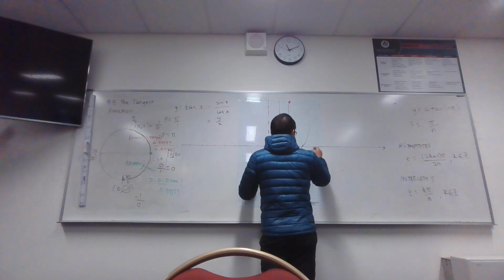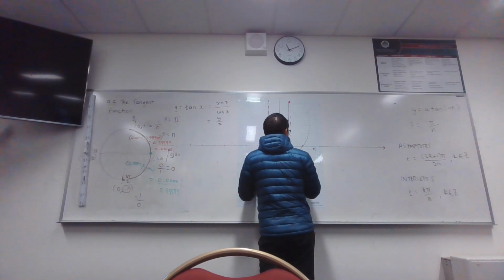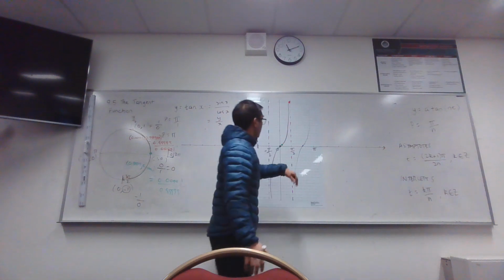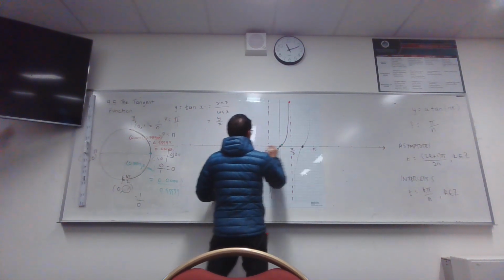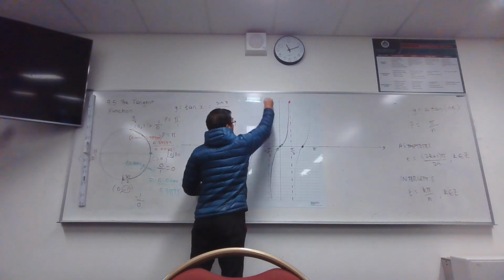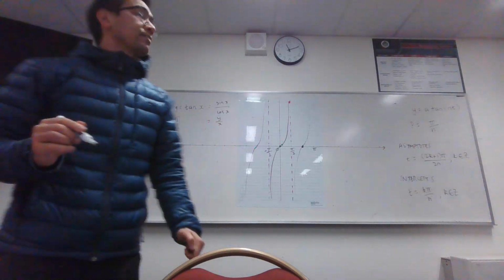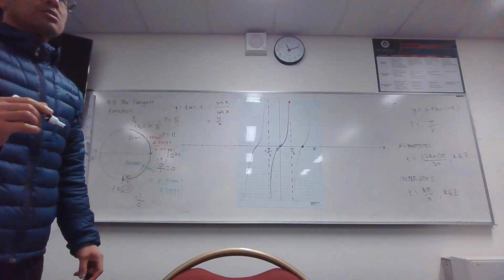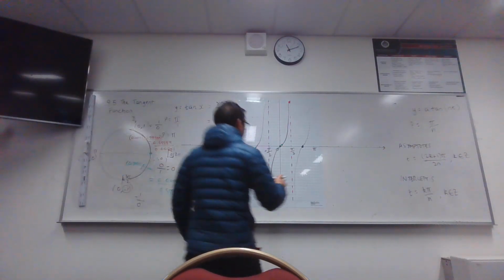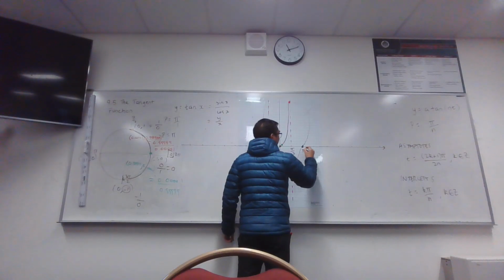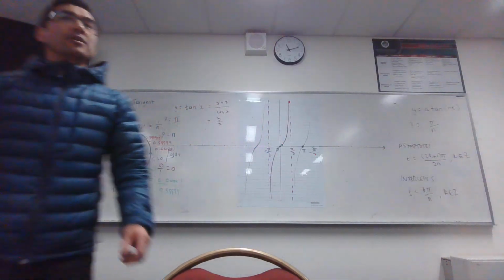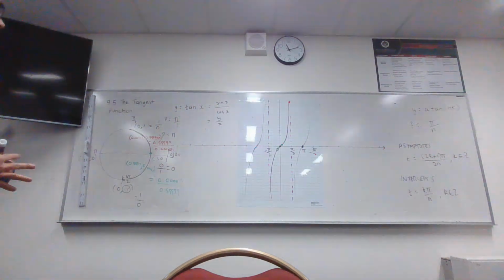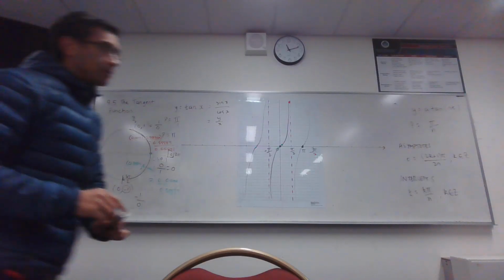This is pi. Good. And we've got our intercepts over here that are being repeated all the way through, like so. Any questions? That's my bad, that's pi. What's this one here? 3 pi. Thanks for that correction. Okay, so that's where it's coming from.